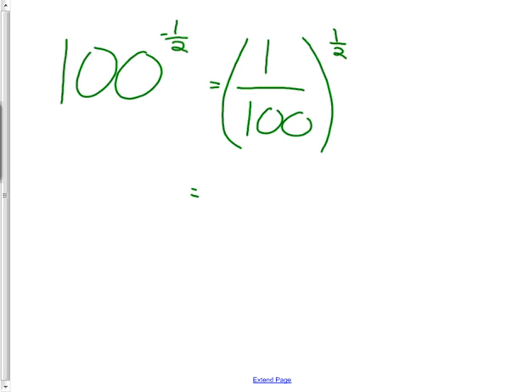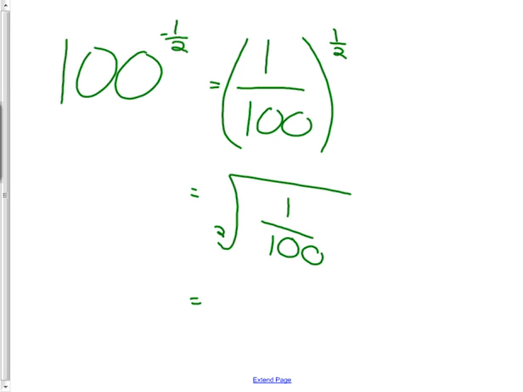So, how would we rewrite this in radical form? When we do this, we look at the square root of 1.